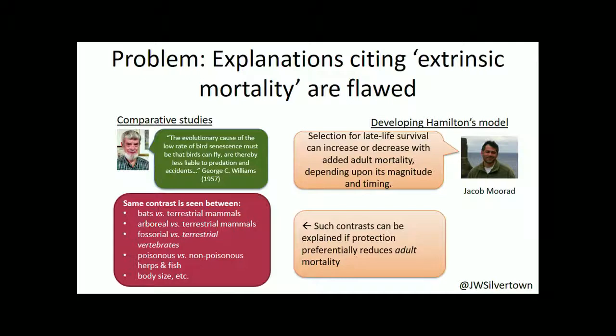So once you introduce age specificity, there's no longer any simple rule. And the simple idea that Williams came up with, that it all depends on adult extrinsic mortality, just doesn't apply.